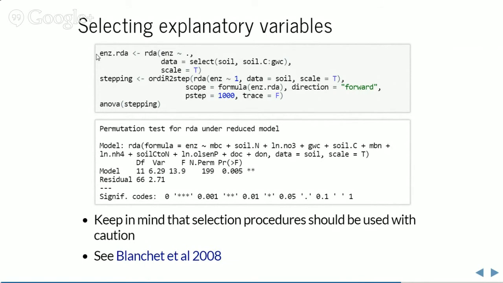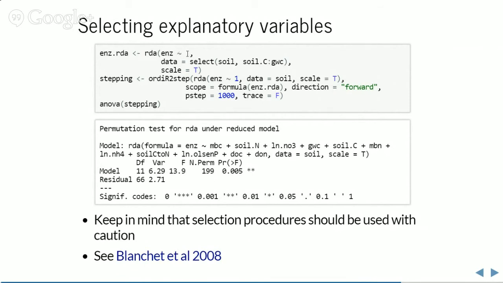So first, I'm going to run a redundancy analysis with the full set of environmental variables that I have. My response variable, again, is that matrix of enzyme activities, the E and Z. Then we have a typical model, as explained by tilde here.